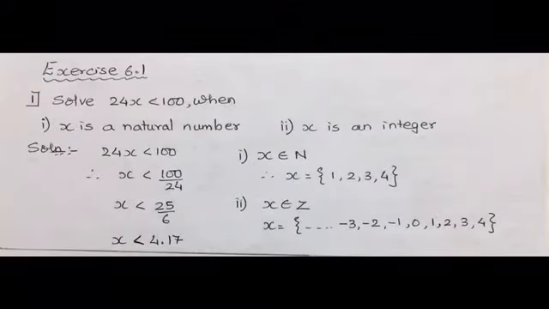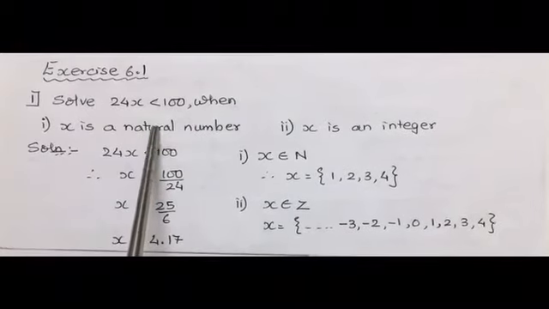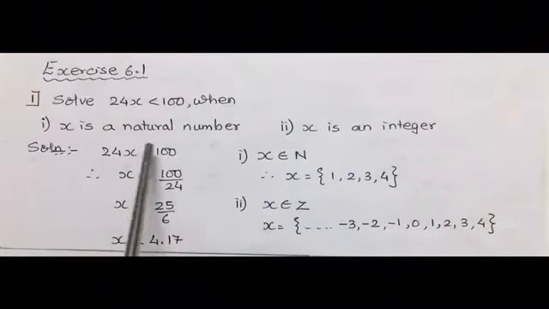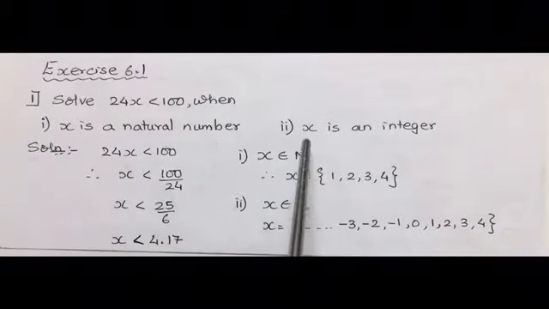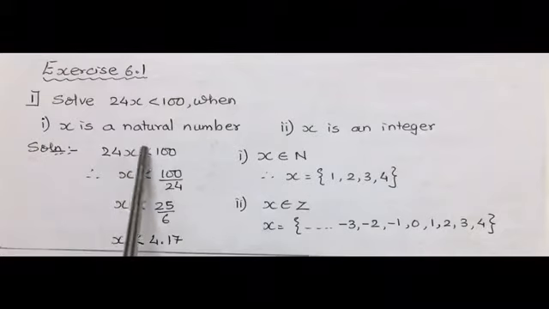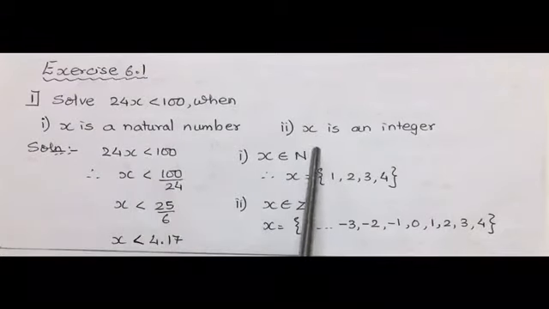Beginning with exercise 6.1, it is given: solve 24x less than 100 when x is a natural number, and second, when x is an integer. Natural number means it starts from 1 till infinity.